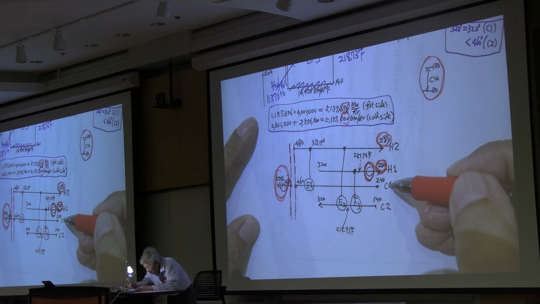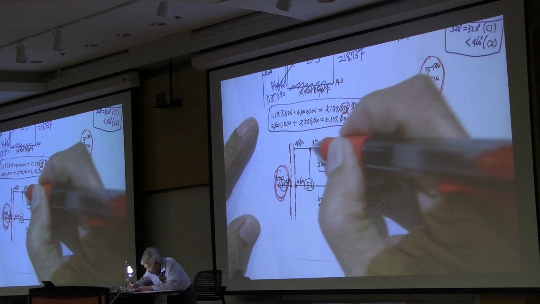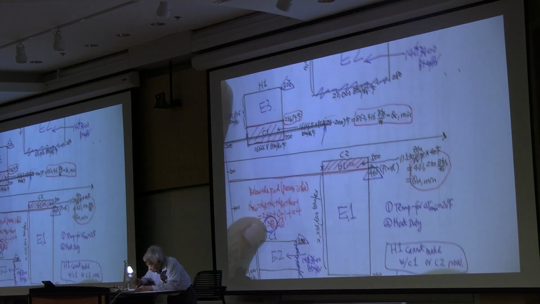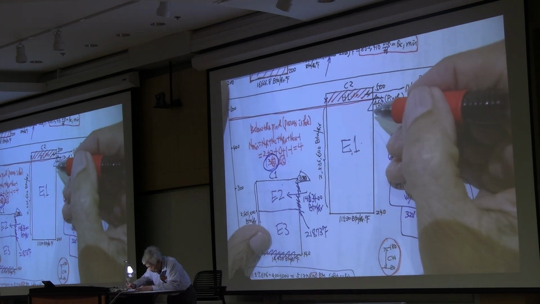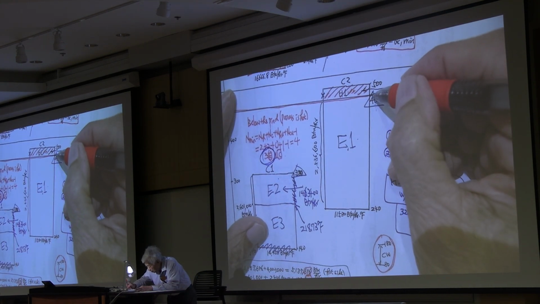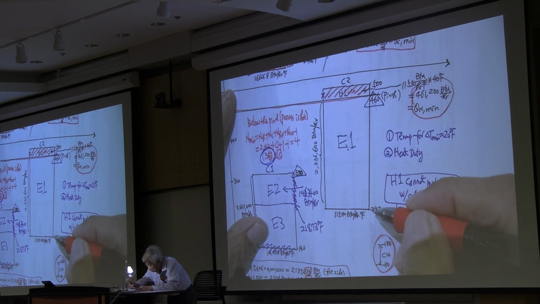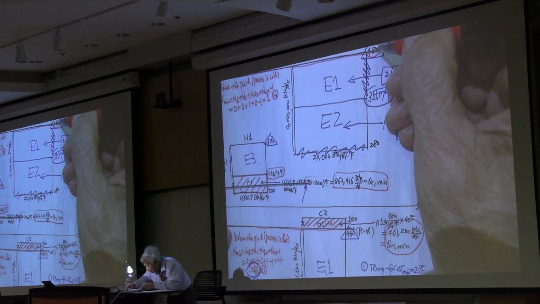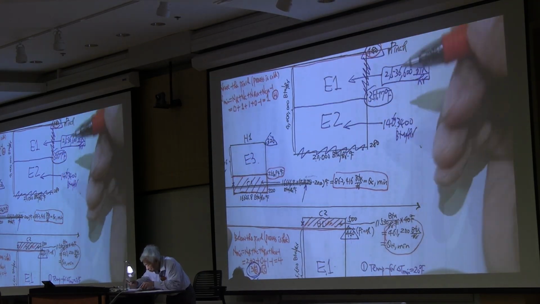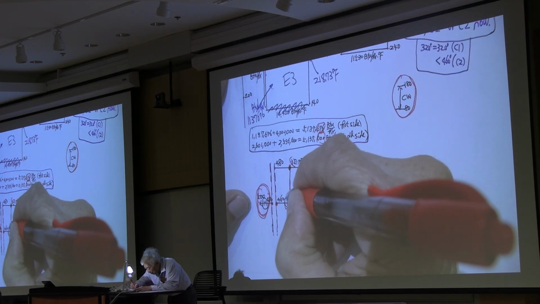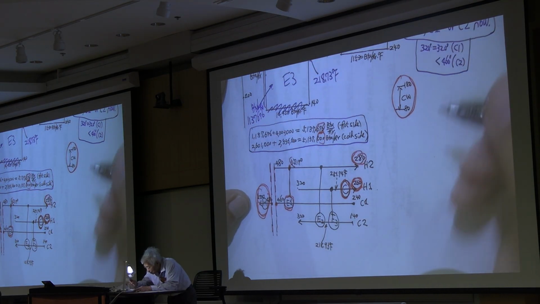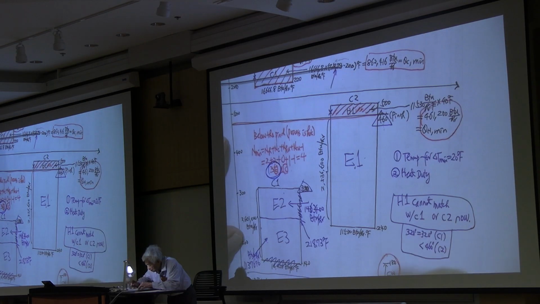C1, just stop at C1. You put E1 here, E1, 460 to 240. Here, 480, 251.17. E1 fully takes care of C1.